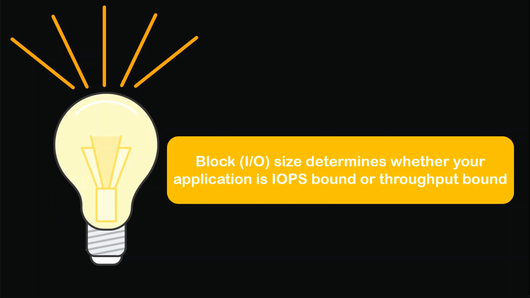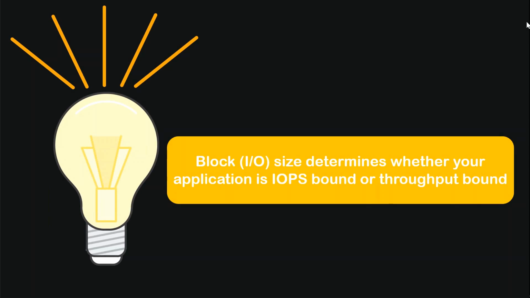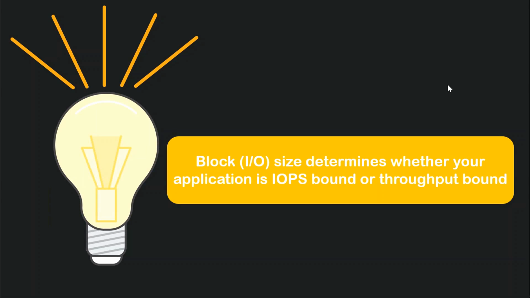They will know that I'm going to query this much data, and the database will respond with all this data, and it will come to about 1 MB of data or 1 KB of data. Based on that, now you know your IO block size, and from there you can go to IOPS or throughput. That is how you identify which is constraining your application.